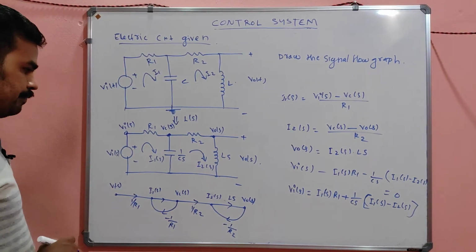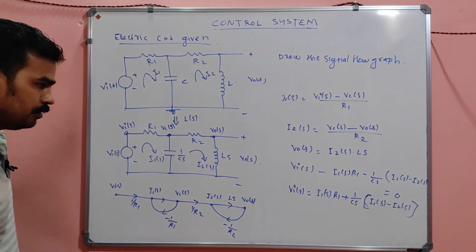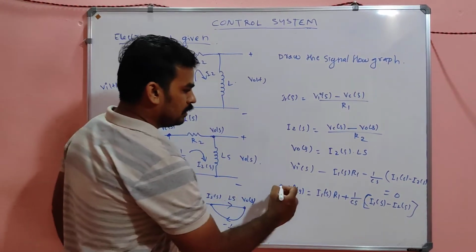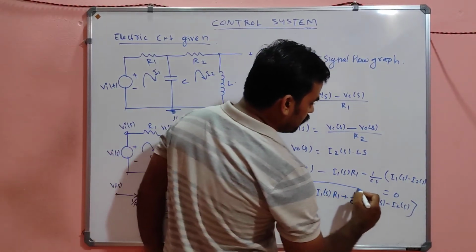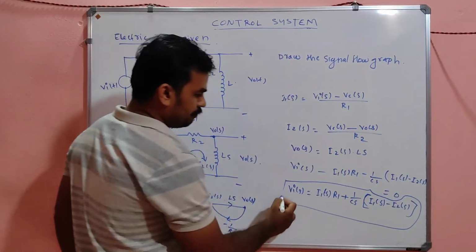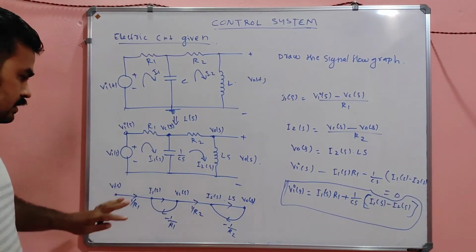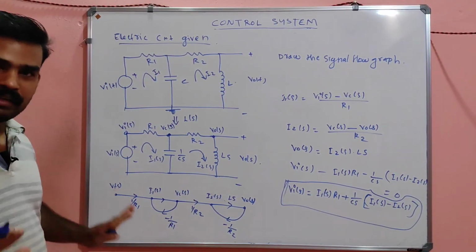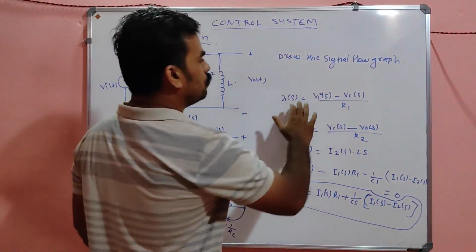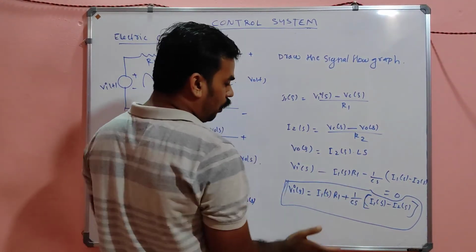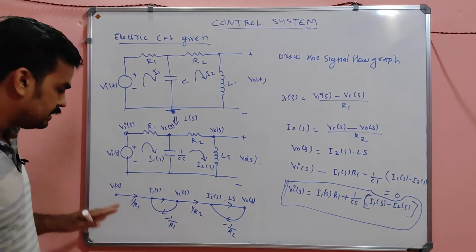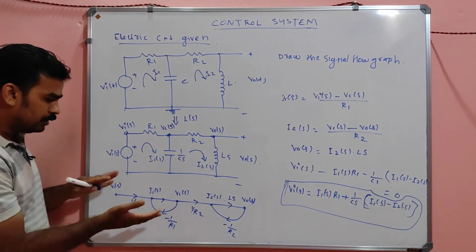Yes. Another important thing I forgot, that is the input equation. You need not consider the input equation in this signal flow diagram, because if you do the rest, it is automatically satisfied.